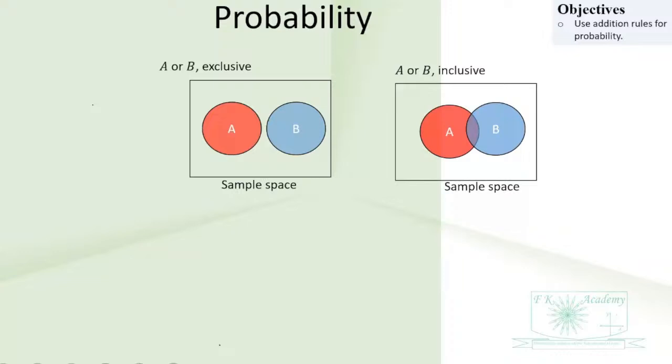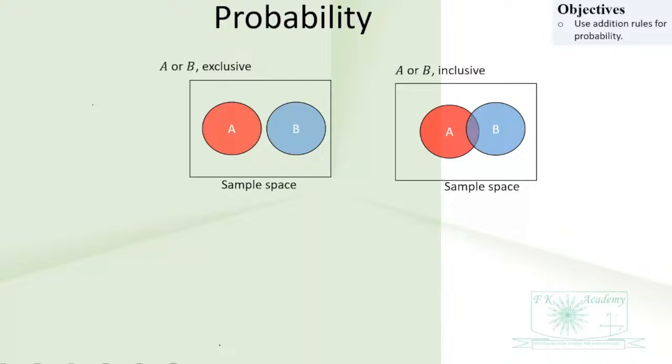We are going to consider how we can use the addition rules of probability to calculate probability. Let A and B represent events in the same sample space.